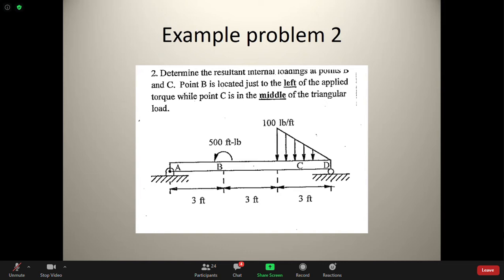Everybody with me? Now the problem says that point C lies in the middle of the triangular load. So middle means, where will point C be lying? Maybe I can use a different color just to show it. For instance, C would be right in the center there, and this distance would be 1.5. You see what I'm saying?